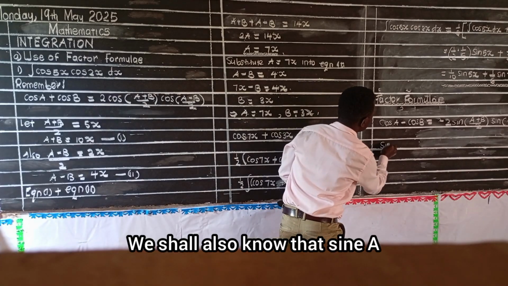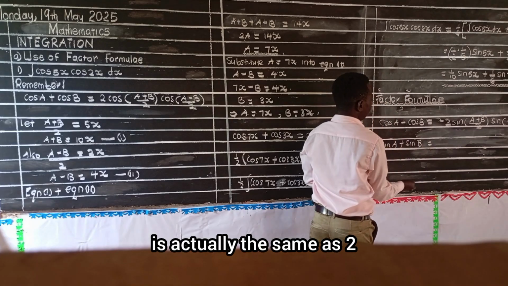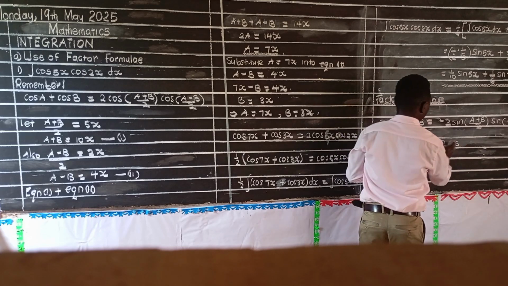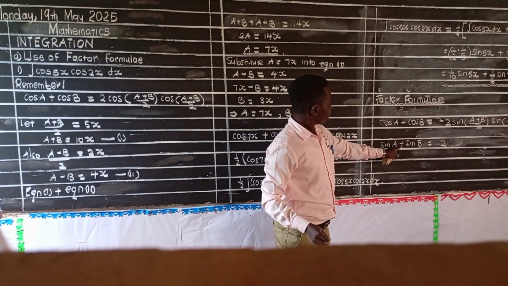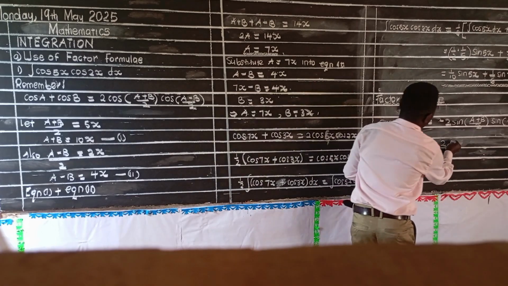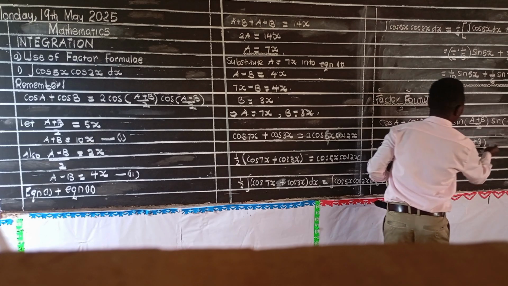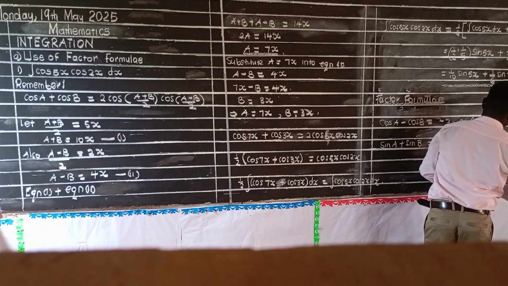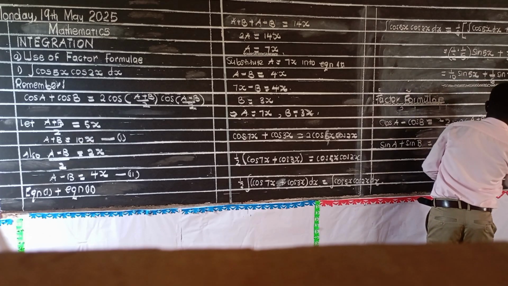We shall also know that sine A plus sine B is the same as 2 sine of (A plus B) over 2 cos of (A minus B) over 2.